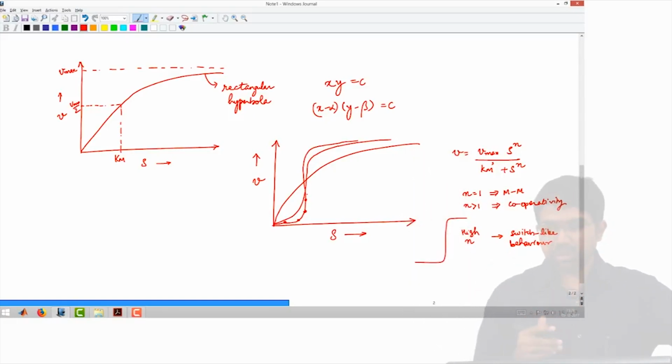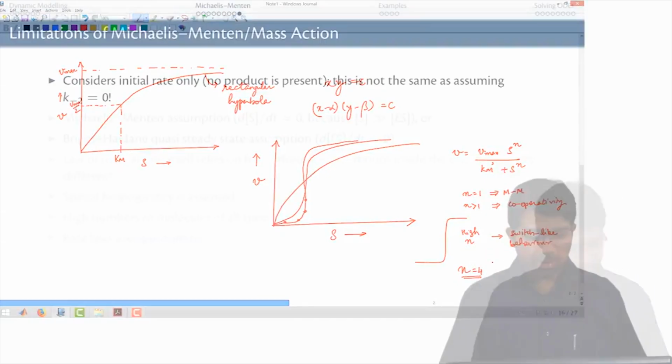So, what happens is one substrate typically binds to the enzyme, makes it nicer for the enzyme to bind more substrate, and when a second substrate binds, then it makes it even better for the enzyme to bind a substrate, even faster reaction, and so on, right. So, the presence of additional substrates on the enzyme enables it to bind more substrate till a point. So, n equals 4 is commonly observed, this is a very classic example.